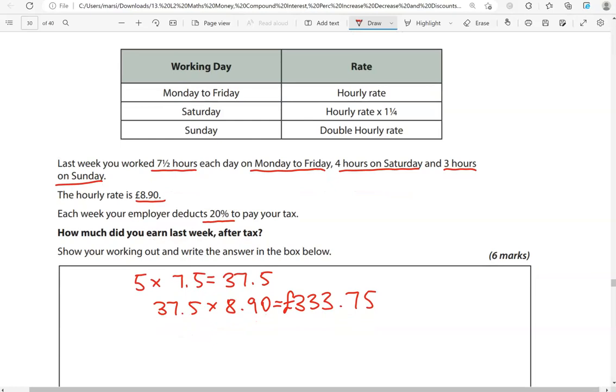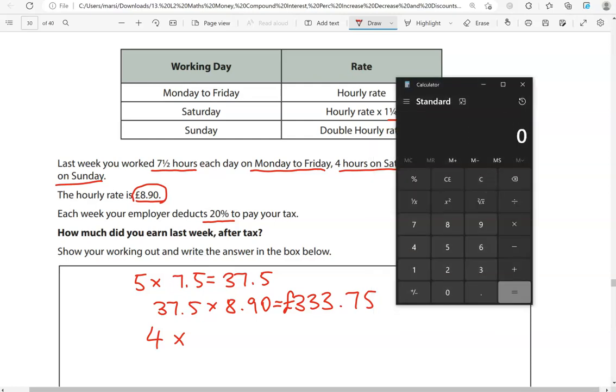Now on Saturday, that is 4 hours. That is 1 1/4 of the hourly rate for Saturday. Hourly rate is £8.90. A quarter of that is going to be £8.90 divided by 4, which we're going to add on top of the £8.90.